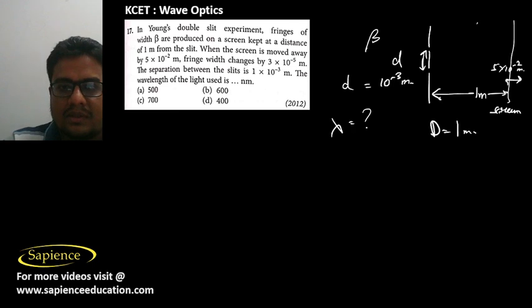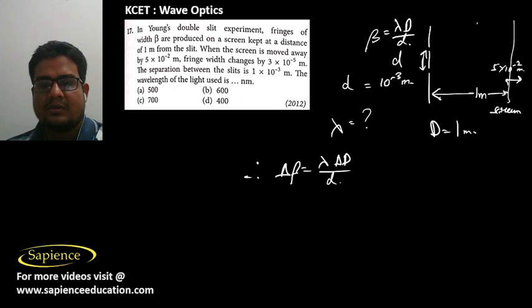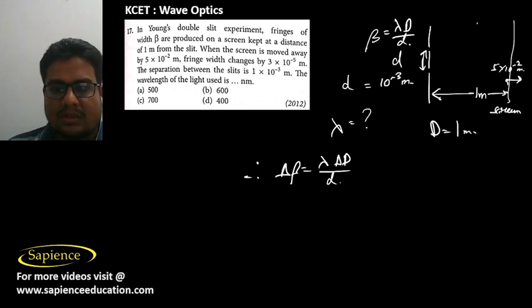So we know that the fringe width beta is equal to lambda D by d. Therefore, when this D will change, the beta will also change. So I can say that delta beta is equal to lambda delta D by d. Since lambda and d are fixed, only the distance D is changing, so the fringe width beta is also changing.